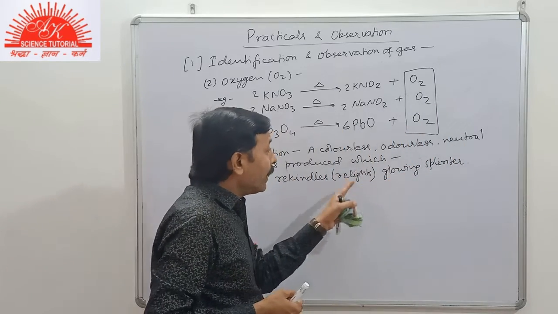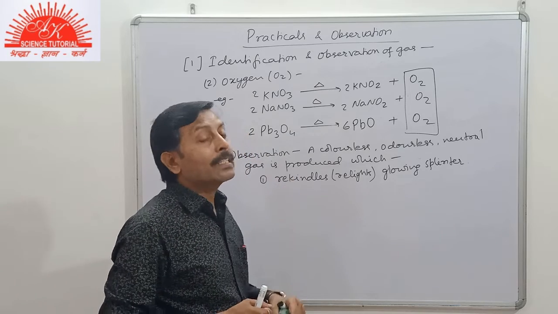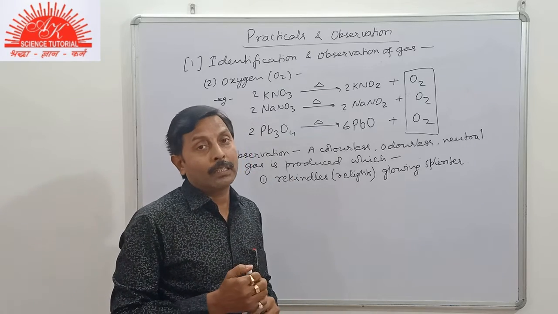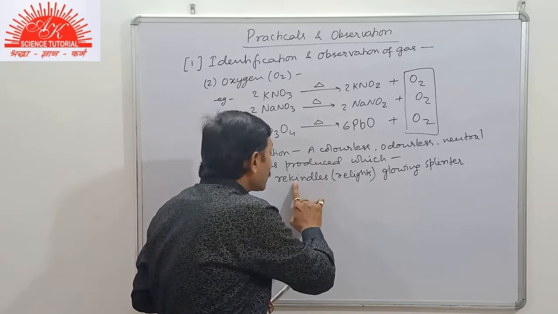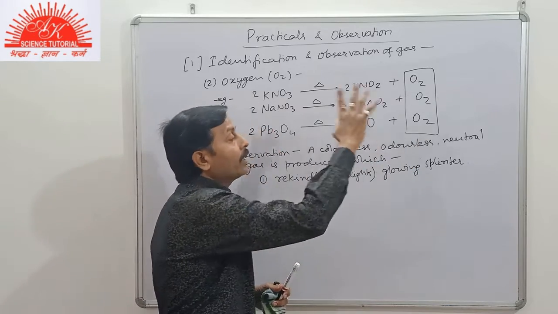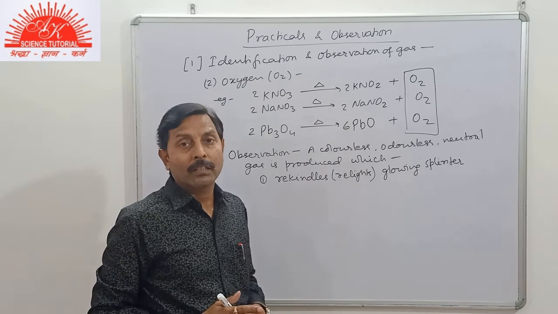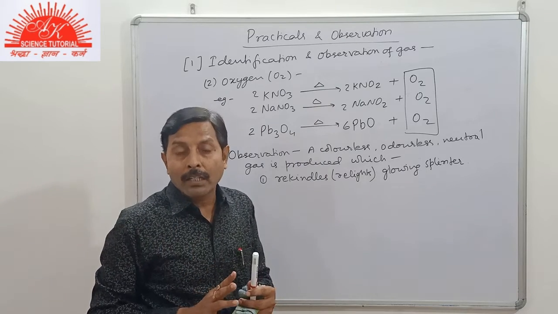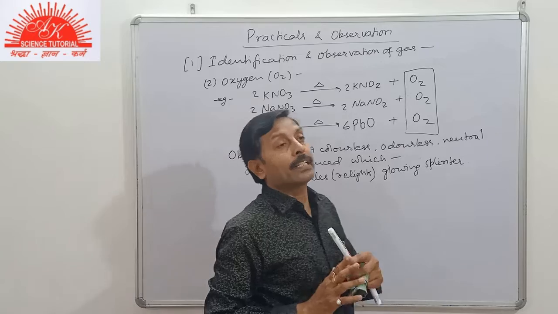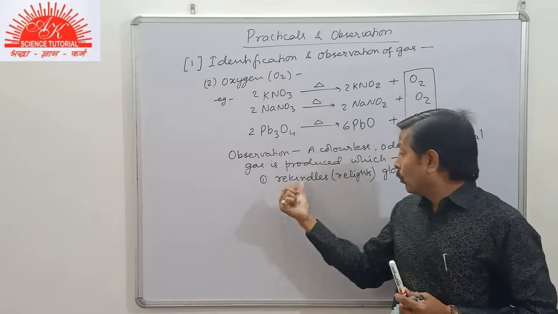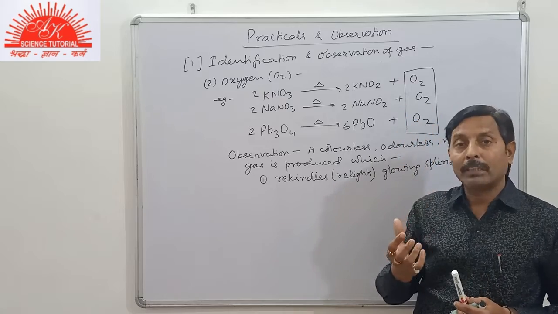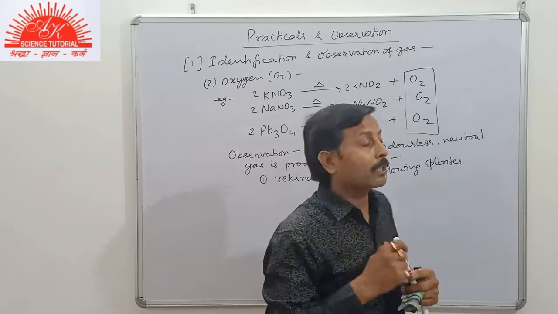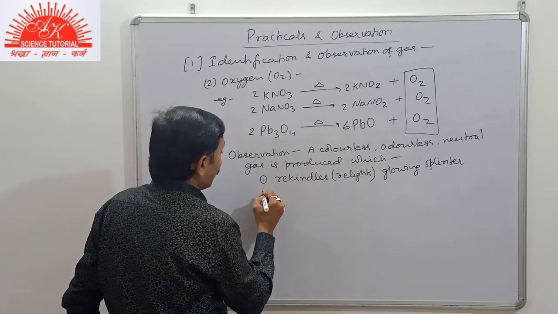When it is placed in a gas jar of oxygen, it will burst into flame. That is called rekindles or relight. It means that a smoldering incandescent stick or glowing splinter will start to burn automatically with flame. That is called rekindles.